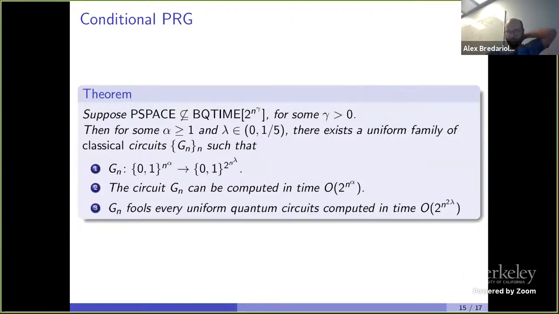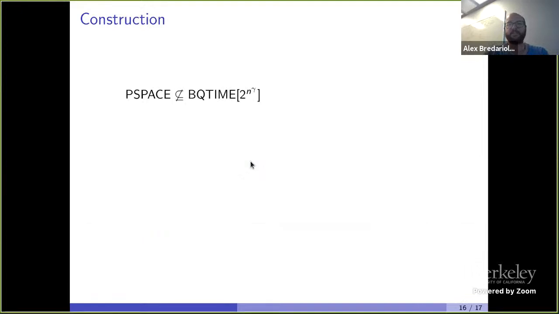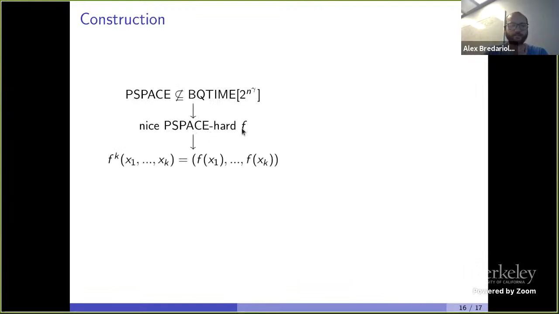So the only remaining part of this result is showing this conditional PRG. So showing that if PSPACE is not contained in BQTIME 2 to the n to the gamma, then such a PRG exists. And this is shown by a series of steps. The first one is using these nice PSPACE-hard problems.